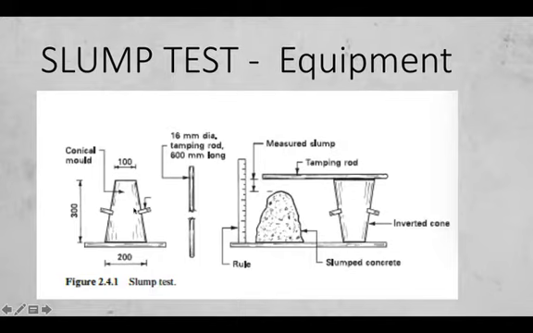We're going to talk about the procedure after this, but you flip the cone over beside the slump and lay the tamping rod on top of it, and you measure the difference, the little space right here between the slump and the height of the cone where the tamping rod is. There you get the difference, and you get how far the concrete has slumped down.